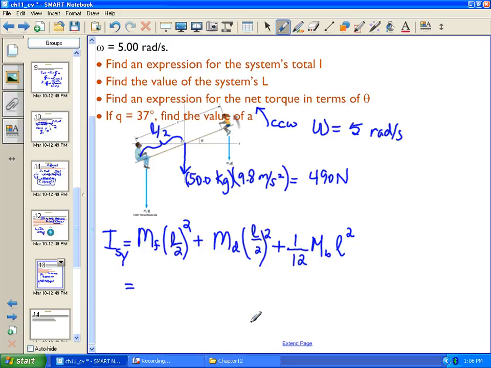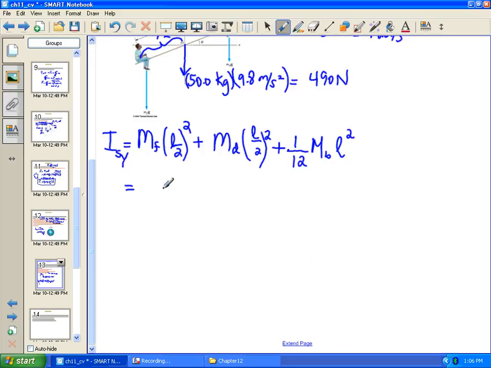Okay, so now see, we're incorporating all the ideas from previous chapters. Let's see if we can plug in some numbers. The mass of the father times L over 2 squared, the first term, is 630 kilogram meters squared, plus the mass of the daughter times length over 2 squared gives us 270 kilogram meters squared, plus 1/12 mass of the board times its length squared gives us 150 kilogram meters squared.